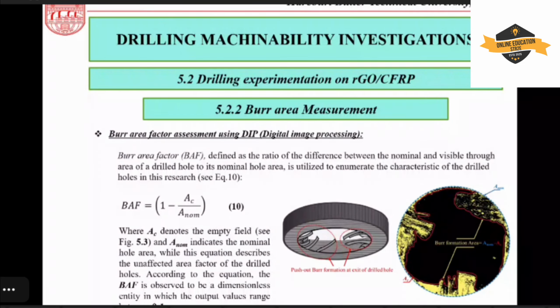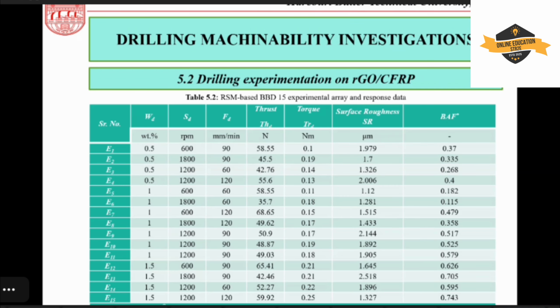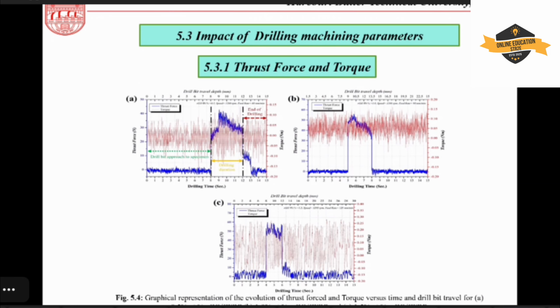So mathematically, we have analyzed this burr area formation. These are the responses which we have achieved. Here we have performed 15 experiments based on the Box-Behnken design, and four important responses we have analyzed, in which thrust, torque, surface roughness, and burr area formation we have analyzed. These are the force analysis during the drilling process.